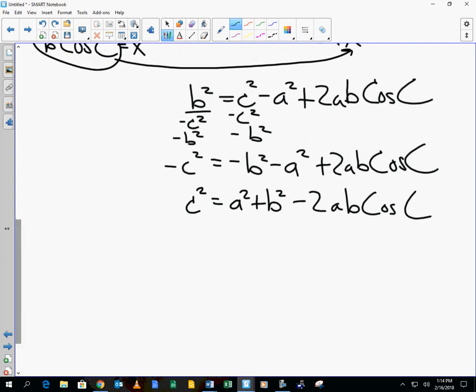This is really important, and this will help you connect with it. Look at how it starts out. C squared is a squared plus b squared. What is that? That's just Pythagorean theorem, isn't it?